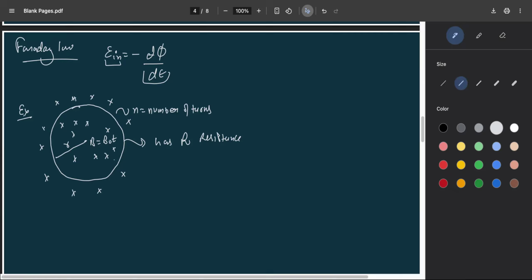So you need to find the induced EMF on the loop. This is what you need to calculate. Can you calculate that? Try it once and let me know the answer.